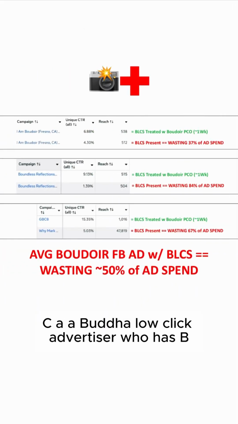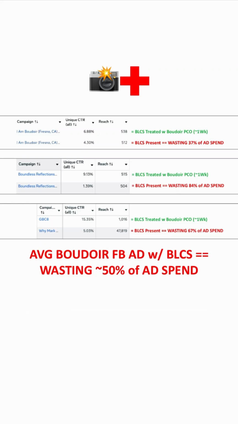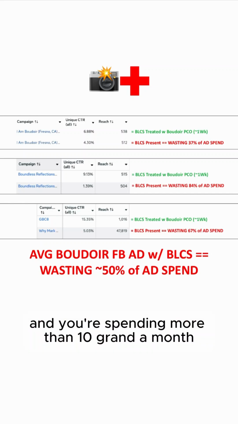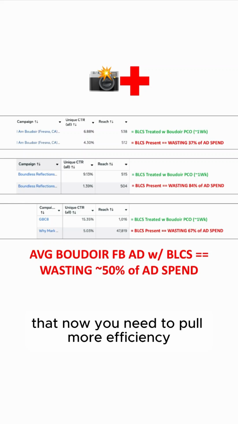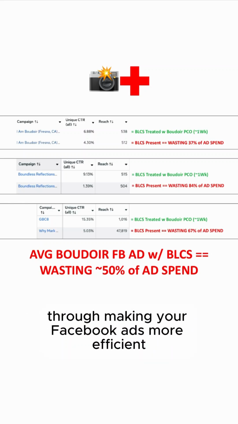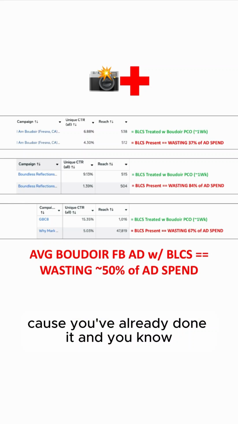If you're a BLCA, a Boudoir low click advertiser who has BLCS, Boudoir low click syndrome, the unique CTRL of your Boudoir Facebook ads is under 6%, and you're spending more than 10 grand a month on Boudoir Facebook ads, and you have decided that now you need to pull more efficiency, more profit out of your business through making your Boudoir Facebook ads more efficient, because you've already done it in other places in your business.